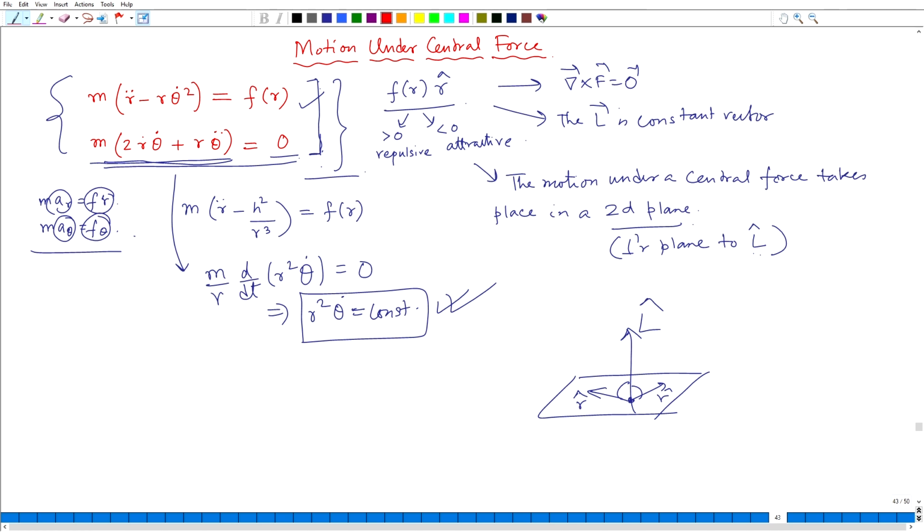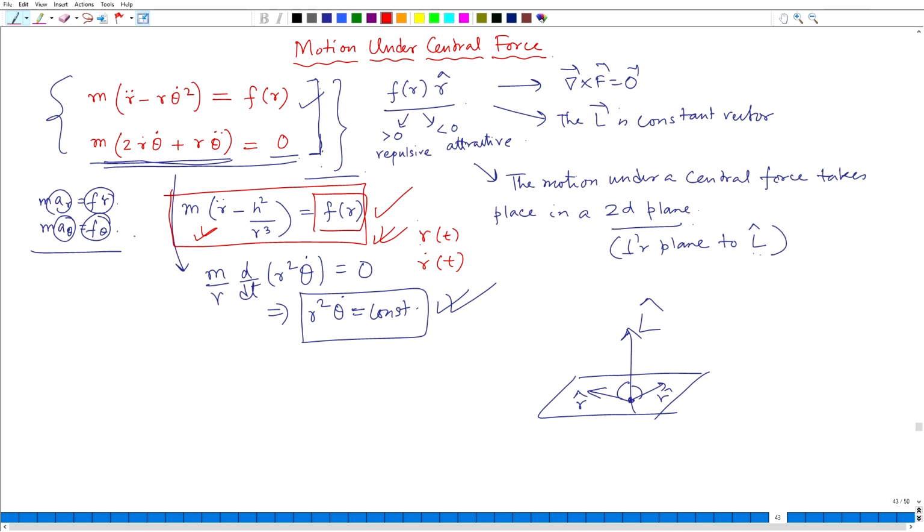Now, at this point we will do something very interesting. We just saw how the equation of dynamics looks under the action of a central force. If you give me the law of force, I have to solve a second order differential equation for r, and I can find r as a function of t and r dot as a function of t. Now, you can ask about theta and theta dot.